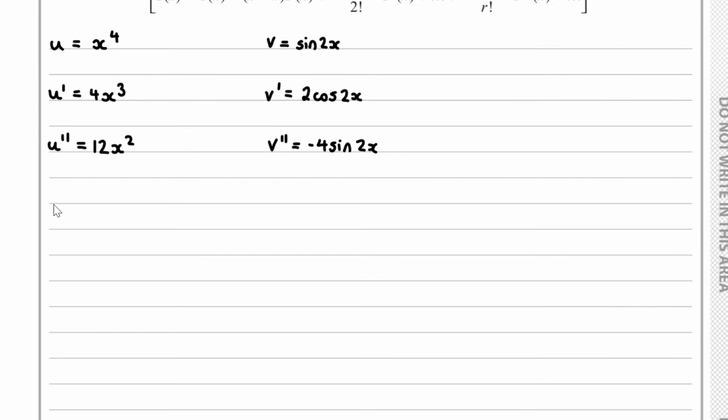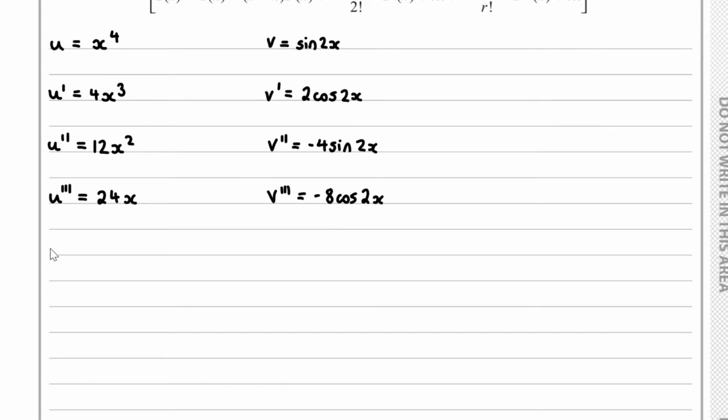The third derivative of u is equal to 24x, and the third derivative of v will be minus 8 times the cosine of 2x.